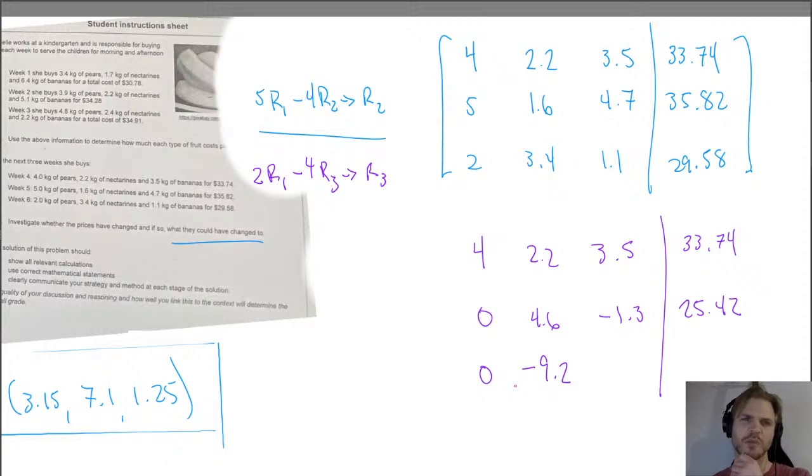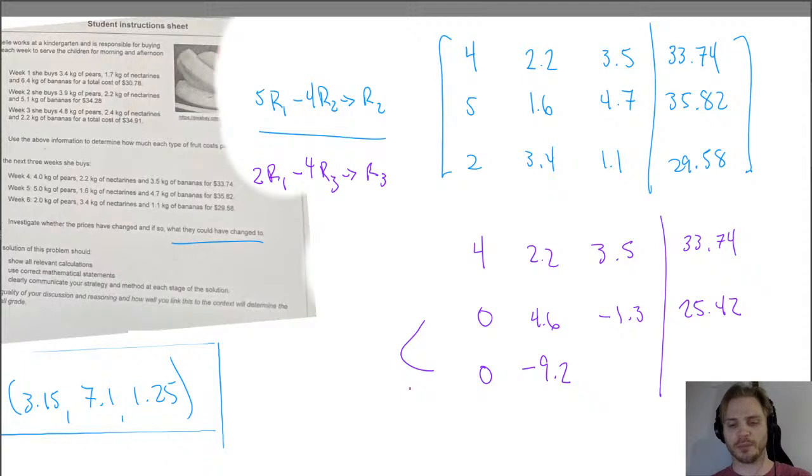What do you mean by cross multiplied? Oh, let me see. Oh, I see, these two rows are going to combine. I got you.